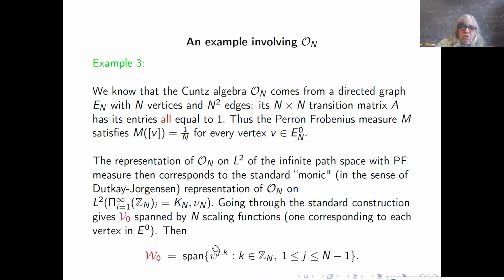And when you go through the standard construction, you get that V0 has n scaling functions, and W0 is the span of n times n minus 1 functions.